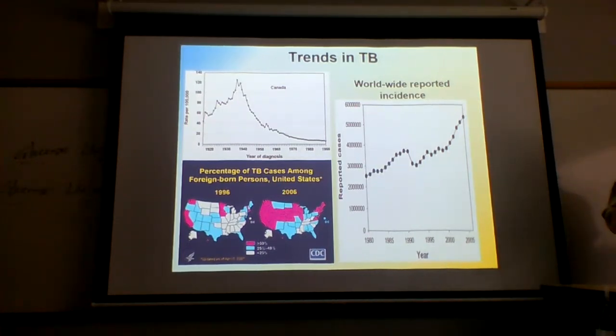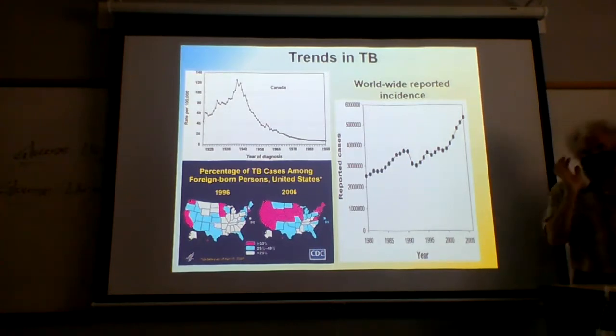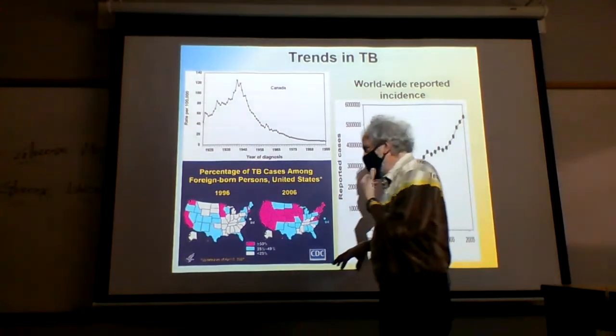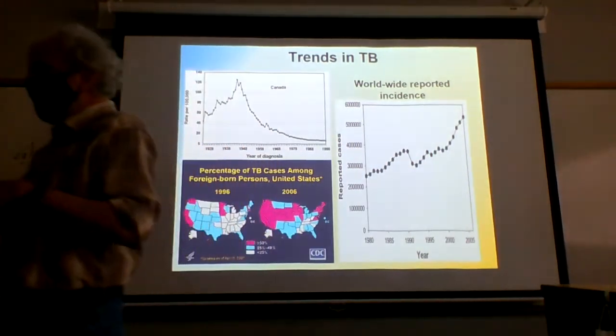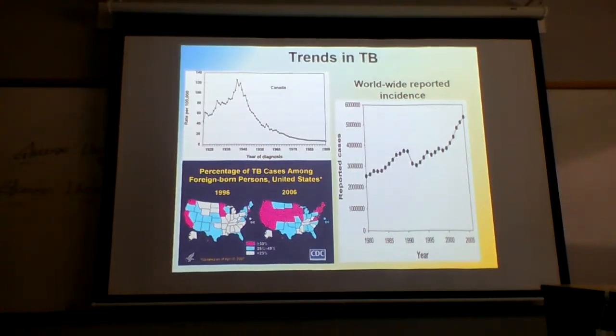So TB is something that different populations have had different concentrations of. And it changes over time. With proper medical treatment, you can begin to suppress the amount that's in the population and reduce the spread of it pretty effectively.